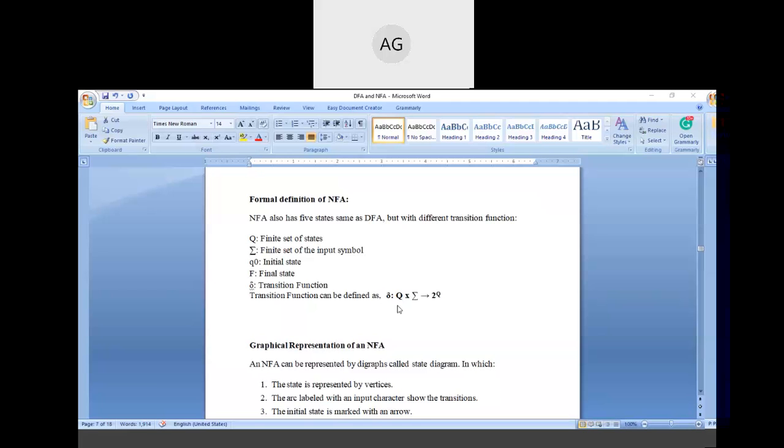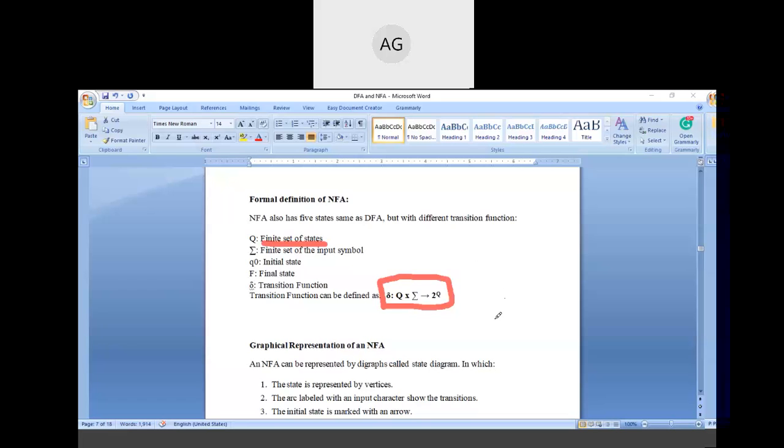As you can see on your screen, the transition function of NFA is Q cross sigma gives 2 to the power Q. Here Q denotes the finite set of states. If your NFA has two states, then 2 to the power 2 means there will be 4 states. So you need to remember this formula. These types of formulas are very important and very much asked in competitive exams.